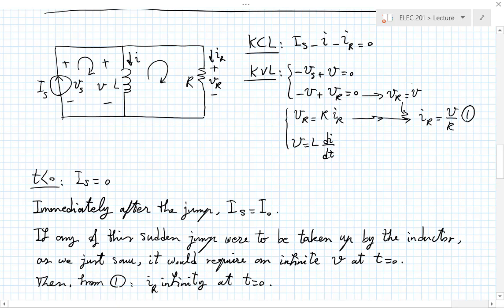Let me put it this way. Are you guys comfortable for me to say that the KCL tells us, because IS jumps to I naught, that IR cannot be infinity? Are we comfortable with that?